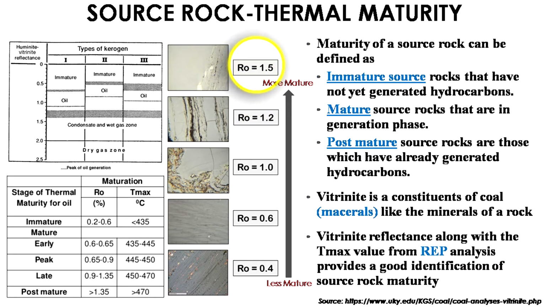As the Ro number increases, the source rock is more and more mature. Using these two indicators, that is the vitrinite reflectance and the Tmax data coming from the rock eval pyrolysis, you can immediately understand what is the thermal maturity of the source rock. And also you can see the thermal maturity depends on the kerogen type also.